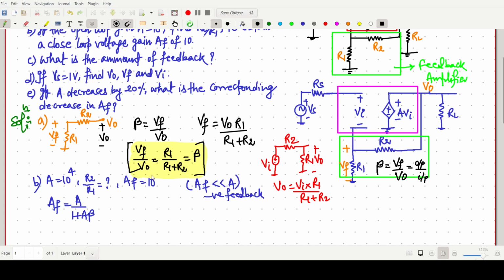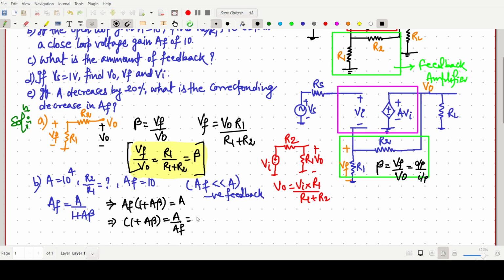For this, AF is A by 1 plus A beta. So we can write AF into 1 plus A beta equals A, or 1 plus A beta equals A by AF.